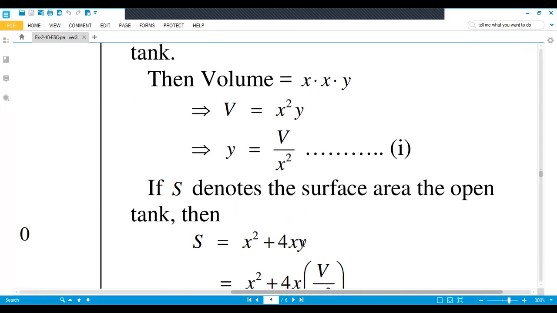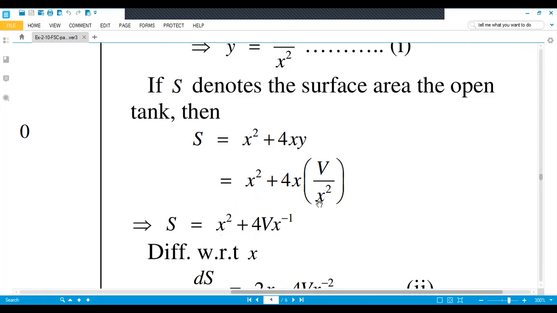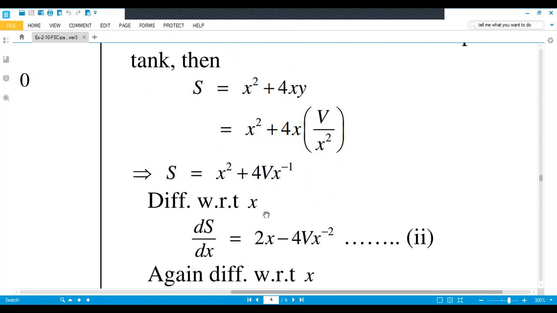So the value of y you put in this, and when you put the value of y, you will get x one time cancel, one time left, so you take it in the numerator. Now differentiate with respect to x. When you differentiate, you get 2x plus 4V is considered as coefficient, and minus 1 multiplied in the coefficient, and from the minus power you subtract 1, so you get minus 2.